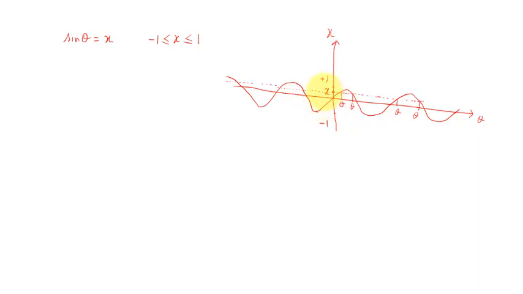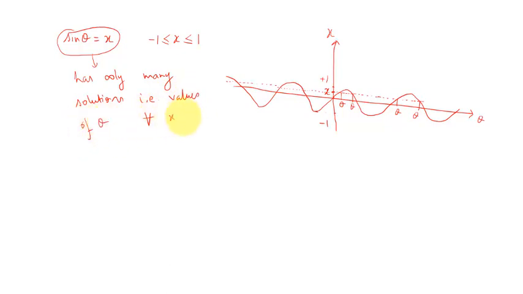So we can say that for this particular equation, sine theta equals x, and for a value of x lying between -1 to +1, this equation has infinitely many solutions, that is values of theta, for every x which lies between -1 and +1.